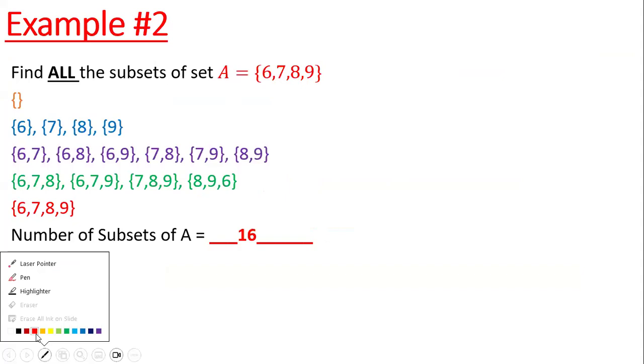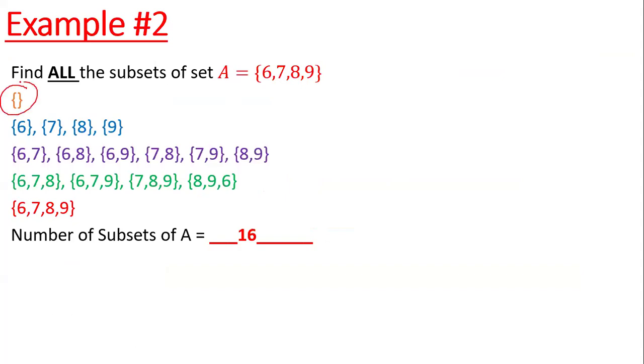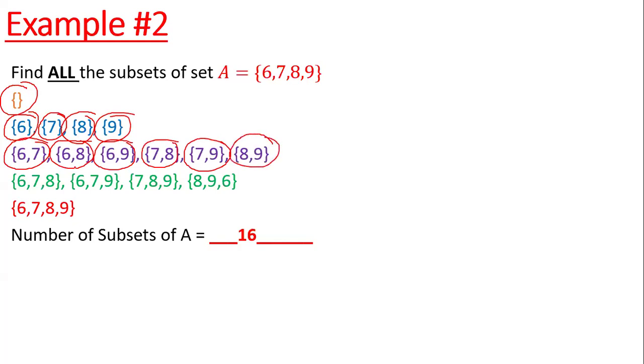Let's count them. So it's going to be what? The empty set, which is 1, then 2, the singletons, 3, 4, 5, 6, 7, 8, 9, 10, 11, 12, 13, 14, 15, and 16.